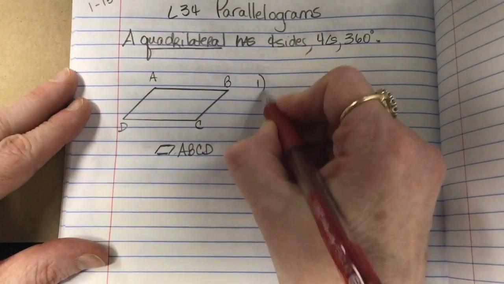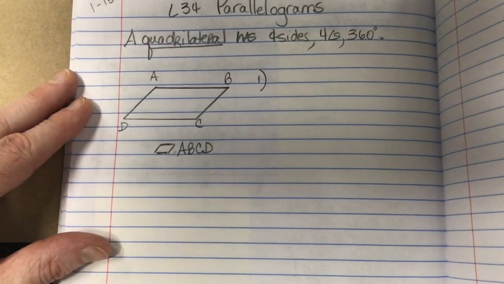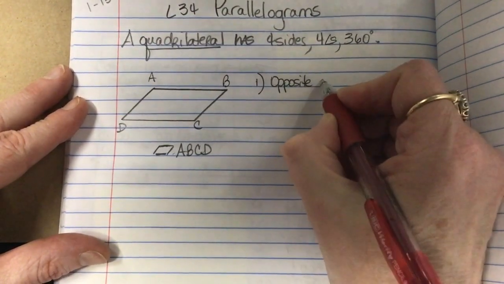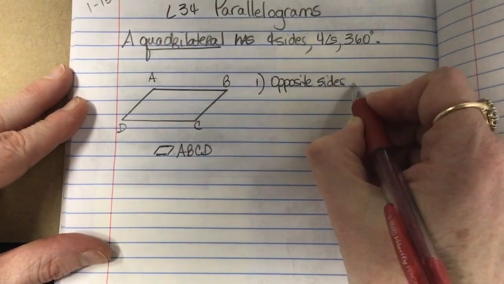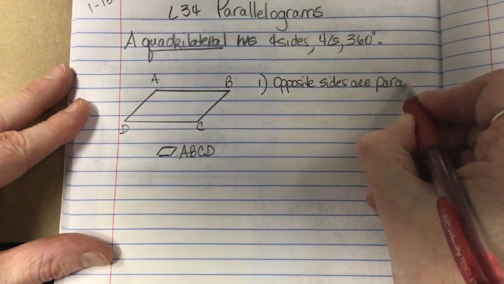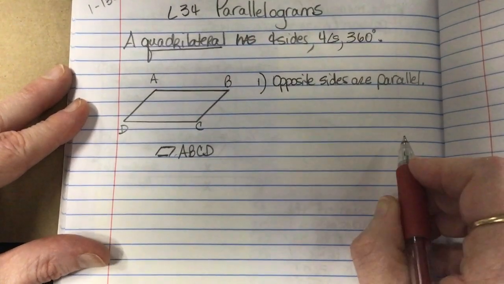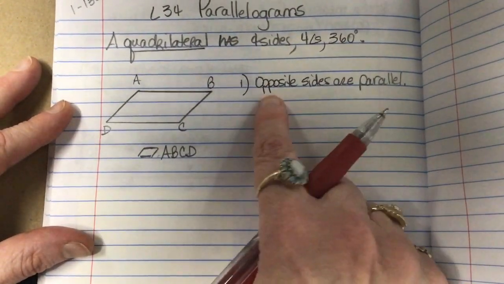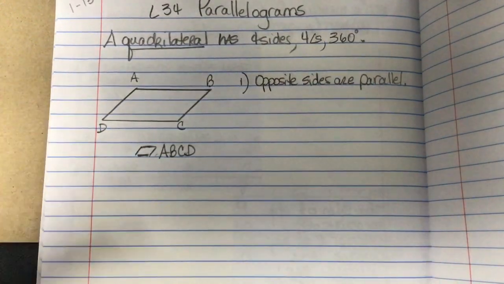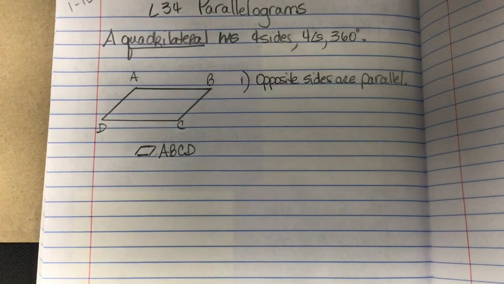Number 1, this is why it's called a parallelogram. Opposite sides are, and I'm going to write the word parallel. Now let's use the symbol. Opposite sides, what does that mean? They are across from each other.